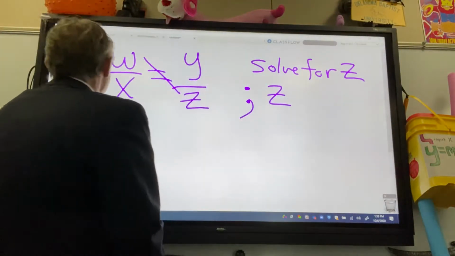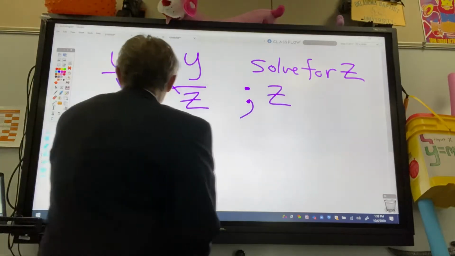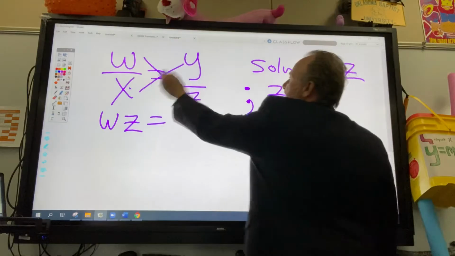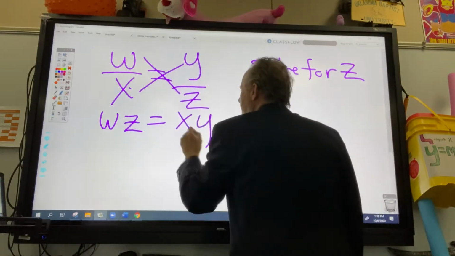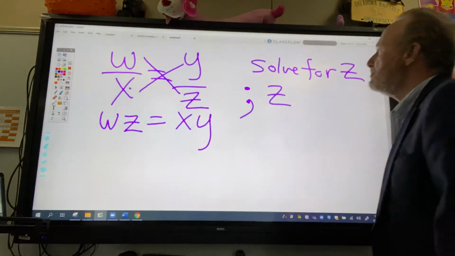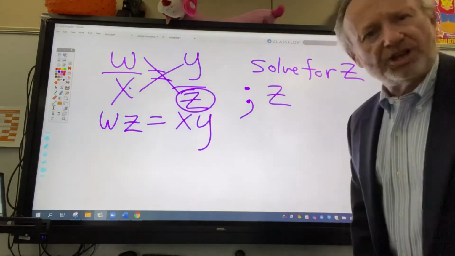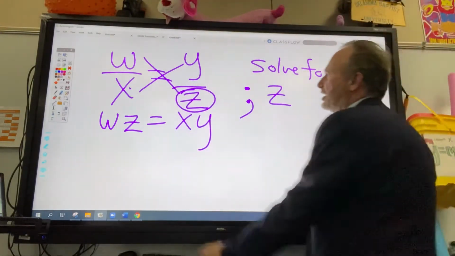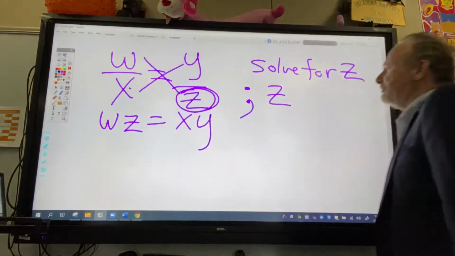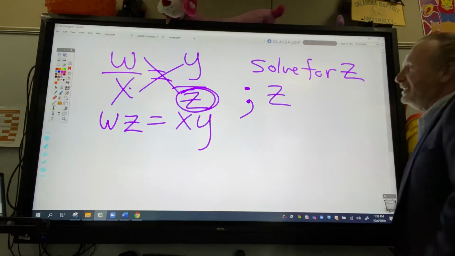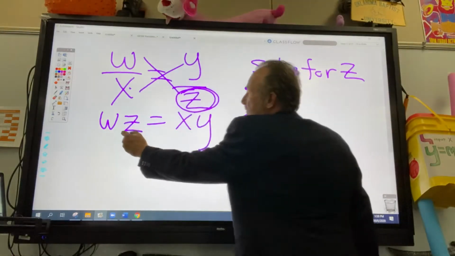All right, w times z equals wz. And then I'm going to cross multiply here. X times y equals xy. Now remember, I'm solving for z, and I should have said that. Circle the variable you're solving for. So I'm solving for z. Because I'm solving for z, now it's basically a one-step equation.